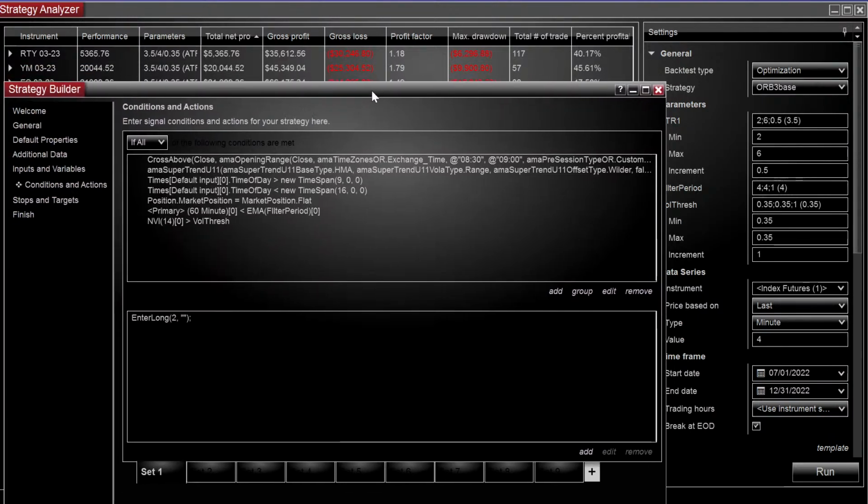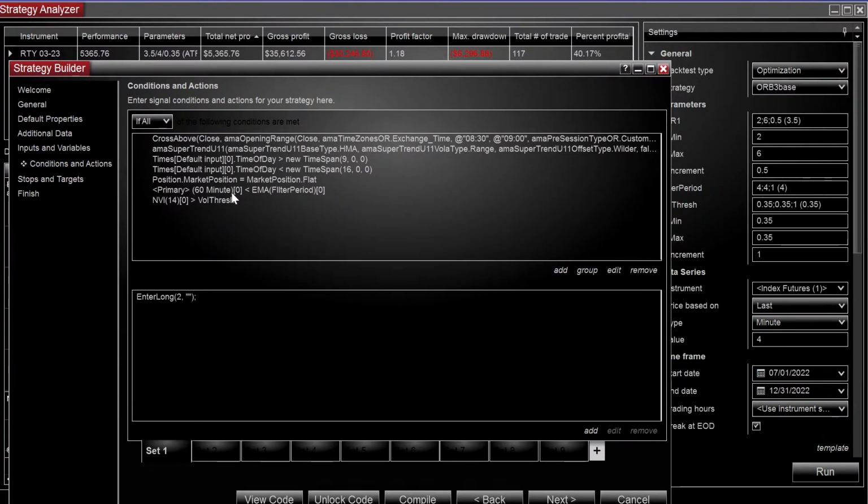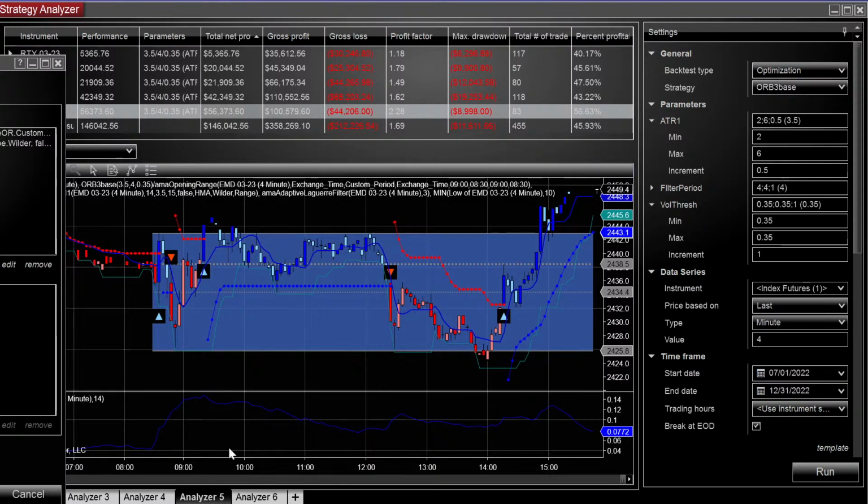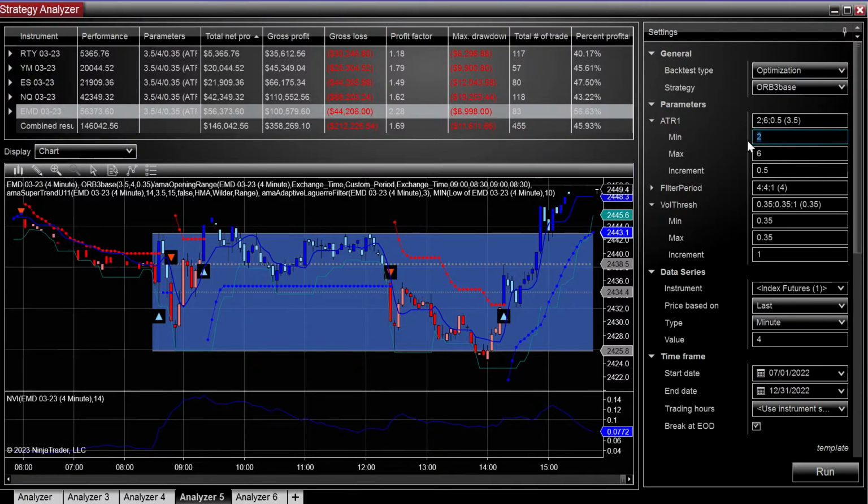So we're going to be doing the NVI is greater than 3.5. And our ATR value we got for that was 5.5.